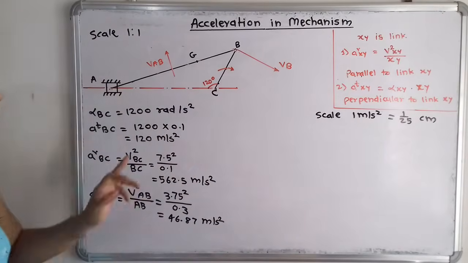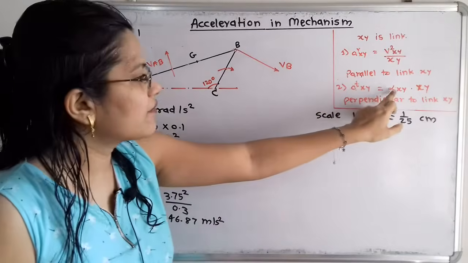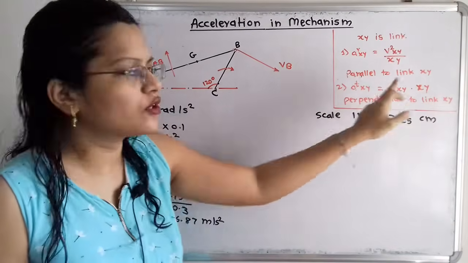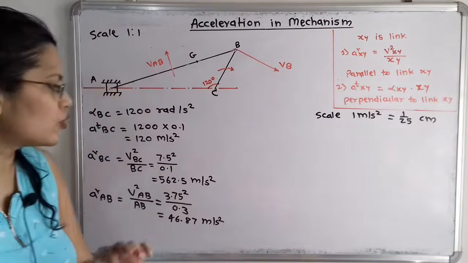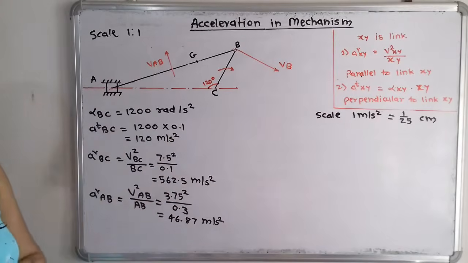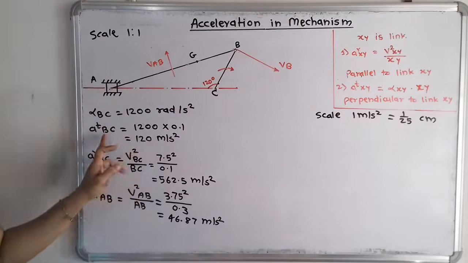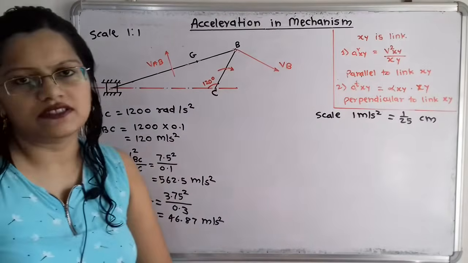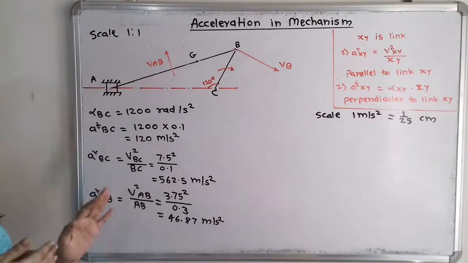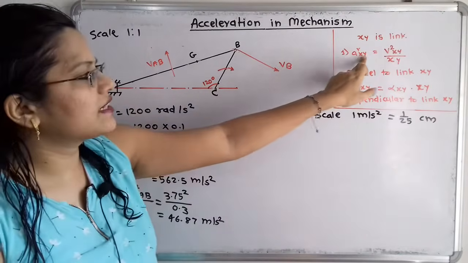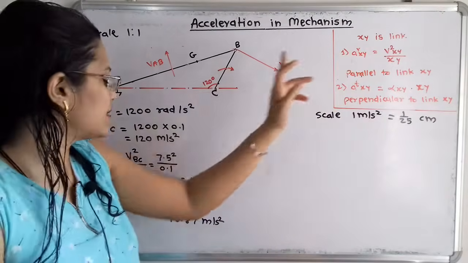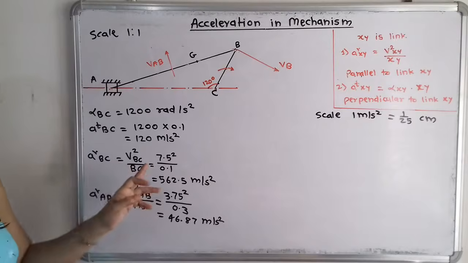second square. So from this, if we put the value of alpha and the length of this link BC, that is also known, 0.1 meter, we get the tangential component of this crank BC as 120 meter per second square. Now in the same way, we can find the radial component. Linear velocity for this BC is known, that is 7.5.